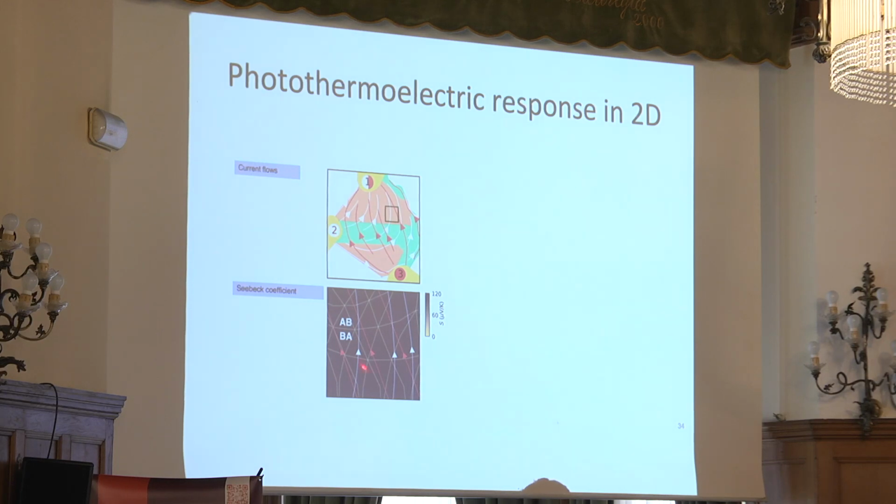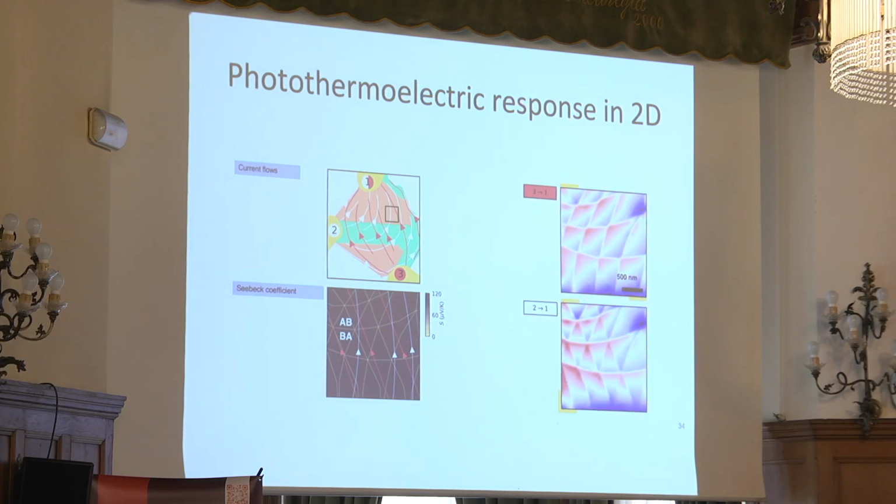And if I have now a Seebeck coefficient, that is shown here in yellow, then it's actually the projection of this current field line on this Seebeck profile that matters. Okay? Because I'm probing again the gradient of the Seebeck. Yeah? So that's why when I measure with 2 different contacts, I get a different spatial profile.